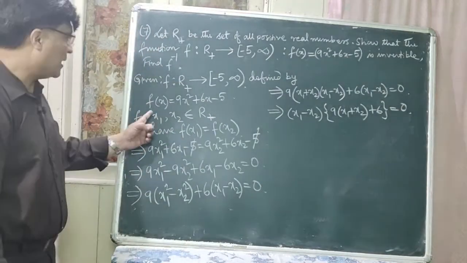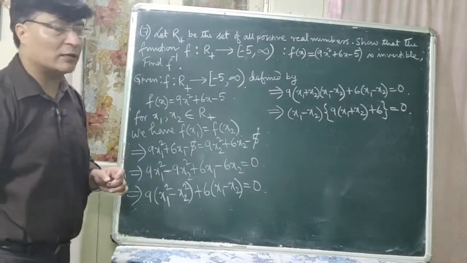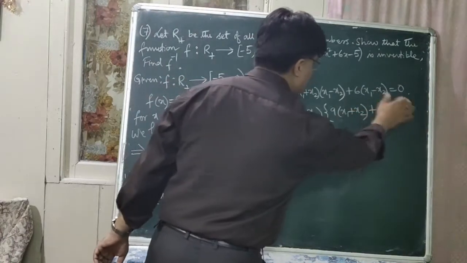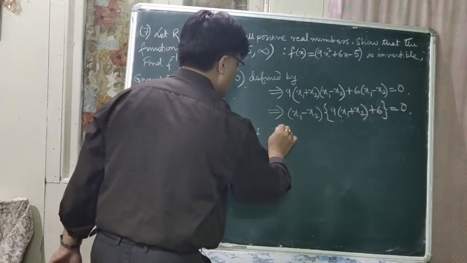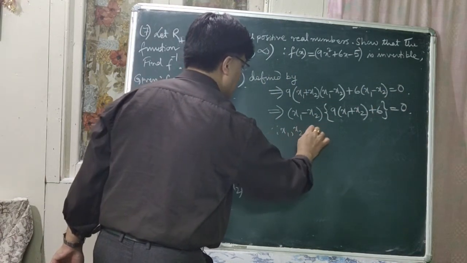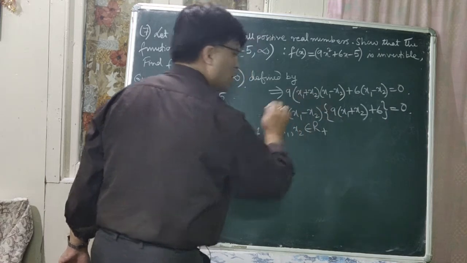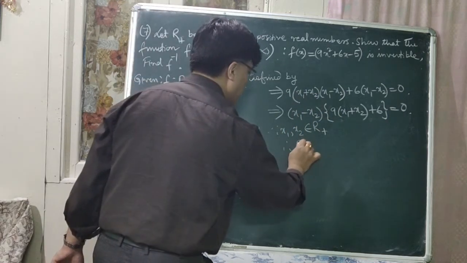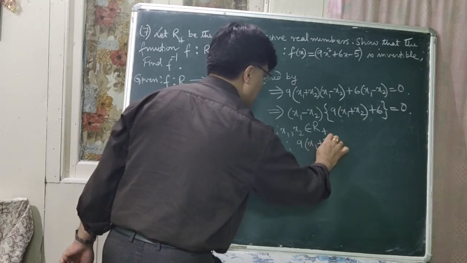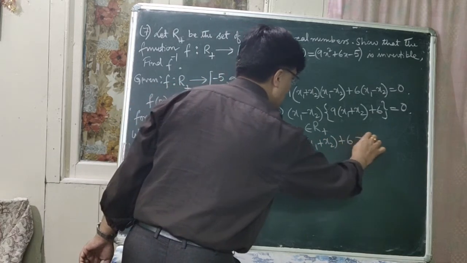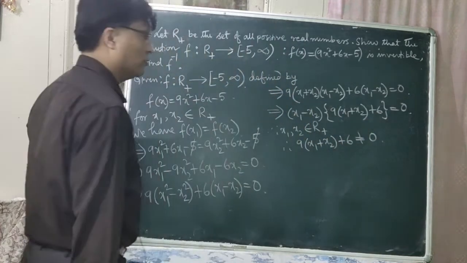But since x1 and x2 are both positive real numbers, this expression is not equal to 0. Since x1 comma x2 belong to the set of positive real numbers, therefore 9 into x1 plus x2 plus 6 is not equal to 0.